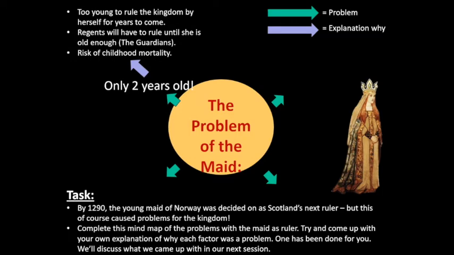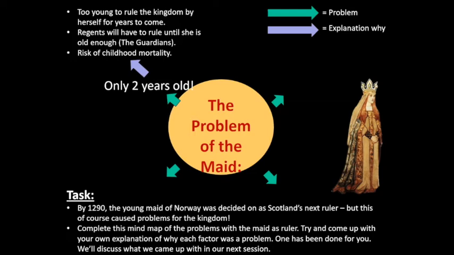So if the Maid of Norway is being nominated as the next ruler of Scotland and she's only 2, it's by no means a done deal that she is going to grow up and actually live to adulthood. So that's a big problem facing the Guardians. She's obviously far too young to produce the next stage in Alexander III's royal line. So it's a kind of fingers crossed number until she grows to adulthood. Will she survive? So that's an example of what I'm looking for you guys to reason through here.